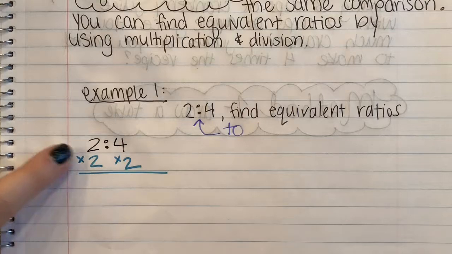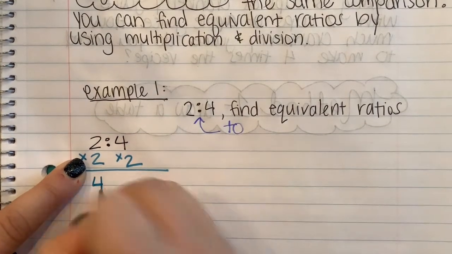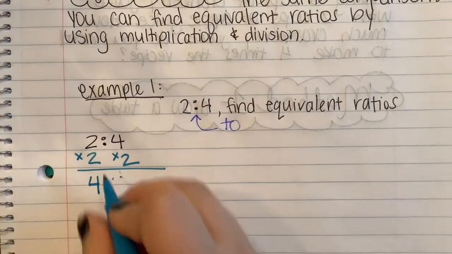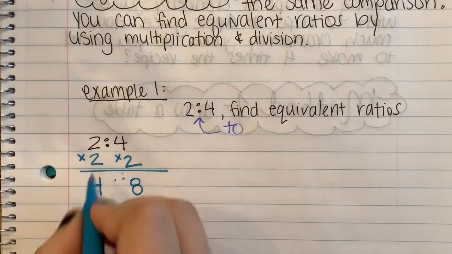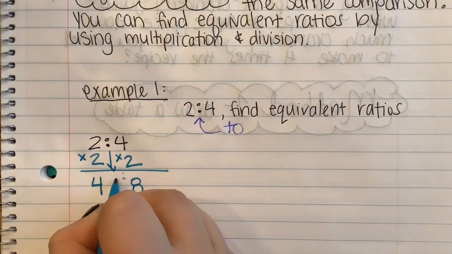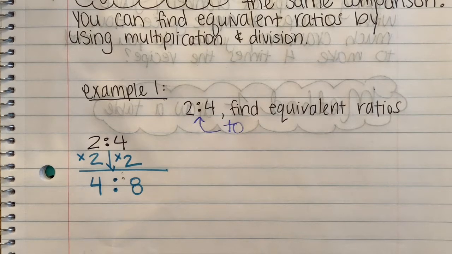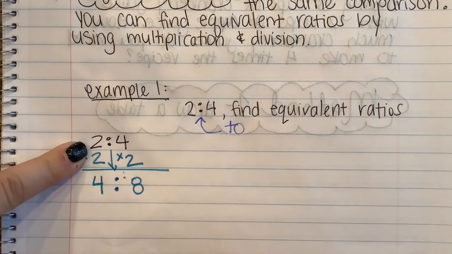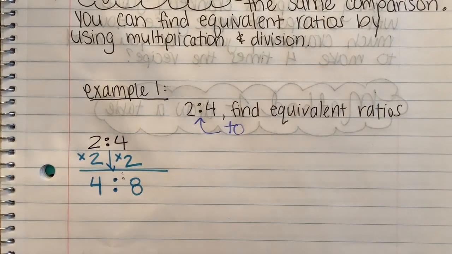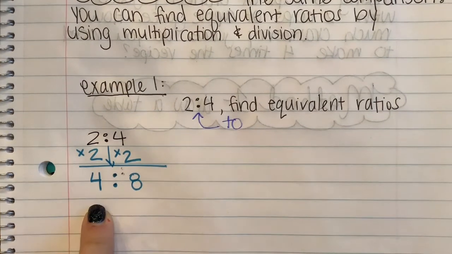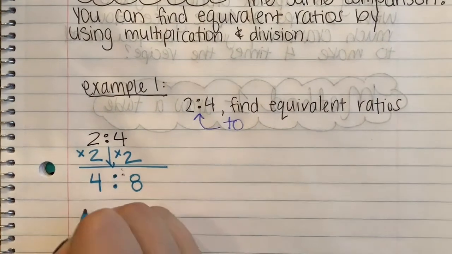So here I go. 2 times 2 is 4. 4 times 2 is 8. And then I'm just going to bring down my ratio symbol for the word to. And my answer is 4 to 8. So I just found one equivalent ratio for 2 to 4. Let's see if we could do another equivalent ratio. I'm going to take what I just found, 4 to 8.